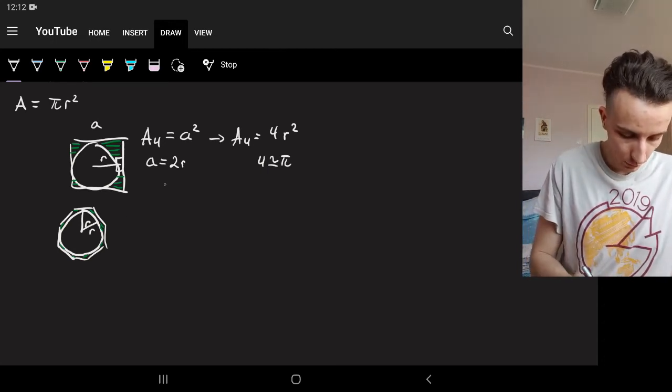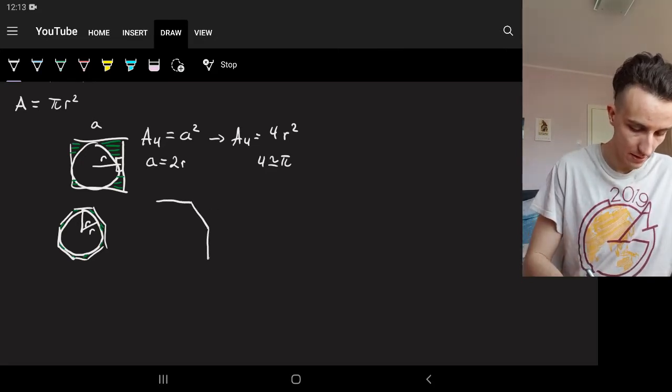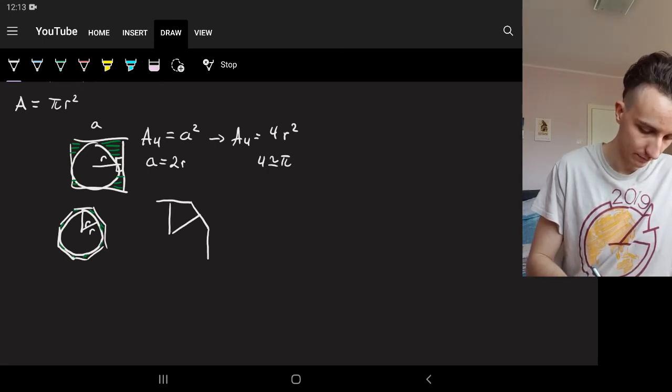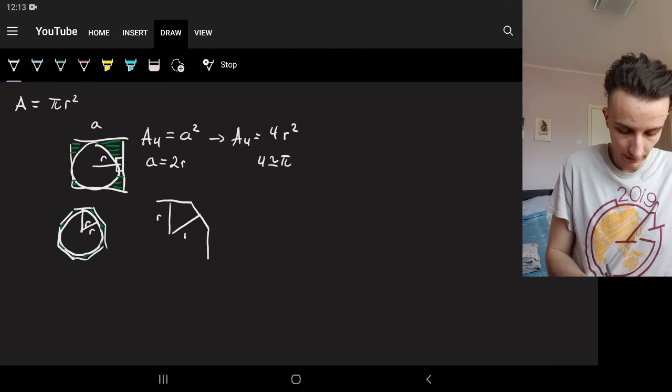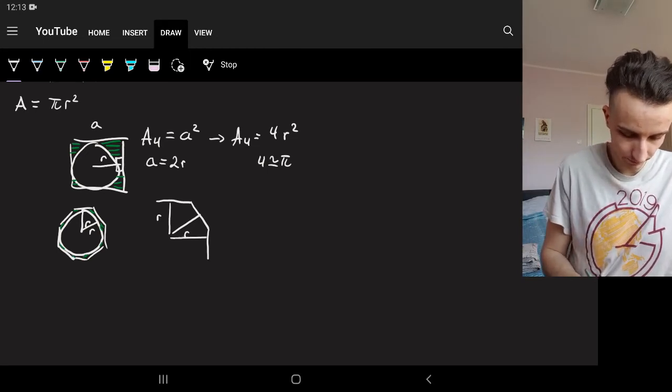So we can take out this one triangle that we drew here. If I draw just these sides, we have a triangle like this. And we have another triangle like this.